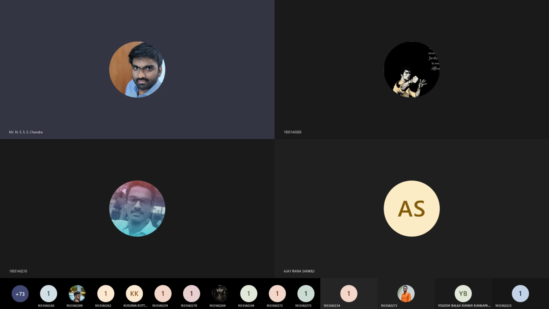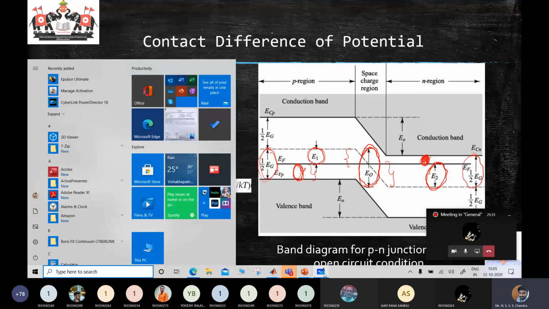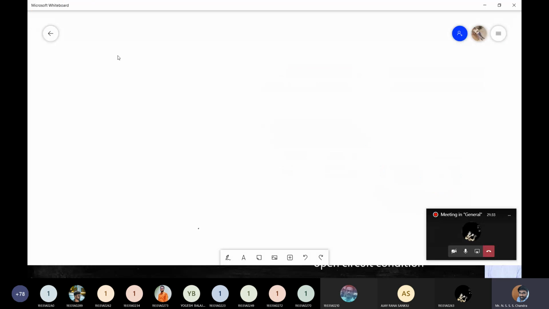I hope it is now visible, or is it not visible yet? Otherwise, I'll go for my own board rather than depending upon Teams. Okay, no need to worry. At least is my screen visible now? So I hope the whiteboard is visible. A white blank space might be visible now.